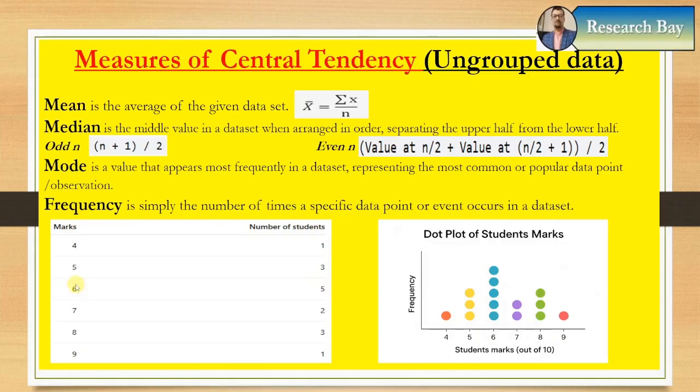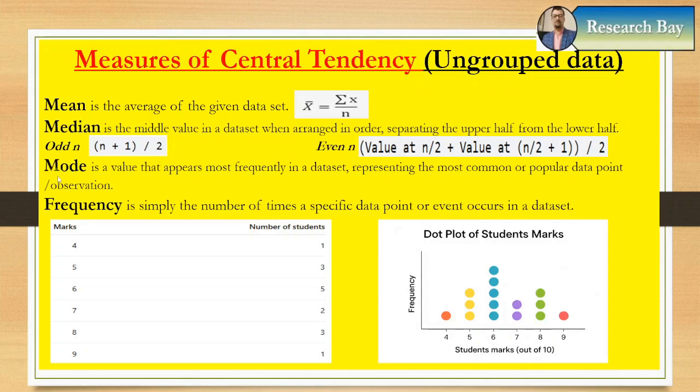So that is the 8th point, and that is the median. In case we had 16 students, that's an even number, then we use this formula: value at n by 2 plus value at n by 2 plus 1, divided by 2. That's the formula if we had 16 students or 14 students, an even number of students.